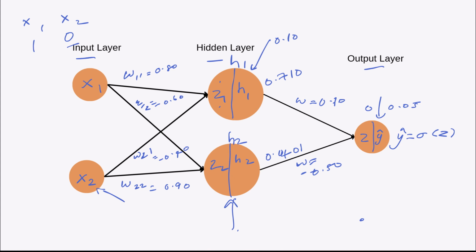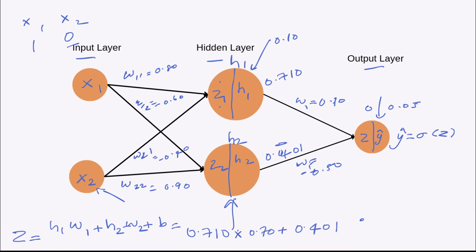So let's calculate it. Now let's calculate Z. Z is going to be H1 W1 plus H2 W2 plus bias. H1 is 0.710 into weight 0.70, plus H2 is 0.401 that we have here, into weight minus 0.50, plus the bias, which is also 0.05.